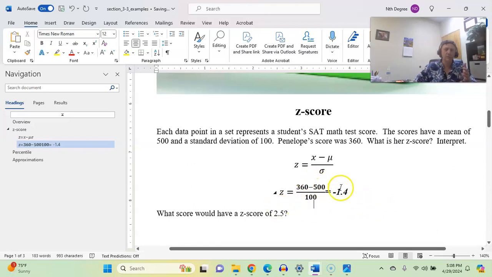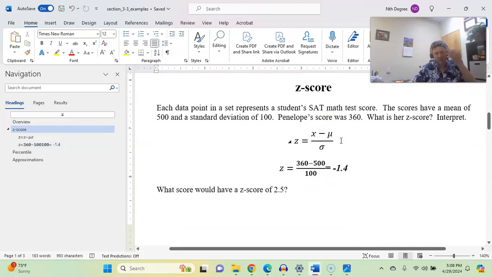If her z-score had been below negative 2, that would have told us that not only is her score low, but unusually low. Like, we need to be concerned about Penelope. But in this case, 1.4, it's not that bad. So we might say that in the grand scheme of things, Penelope's score is actually pretty typical. It's below average, but it's in the typical range.